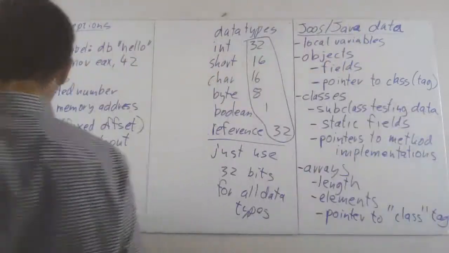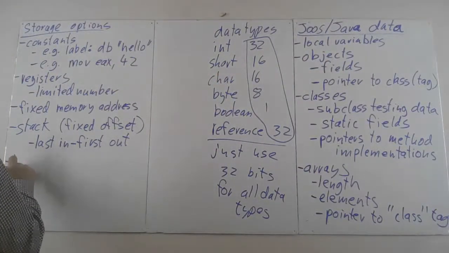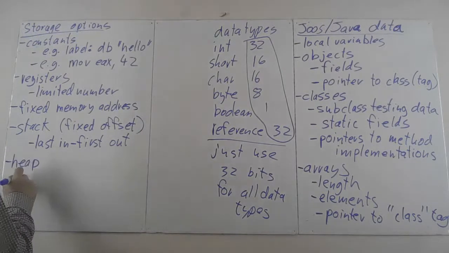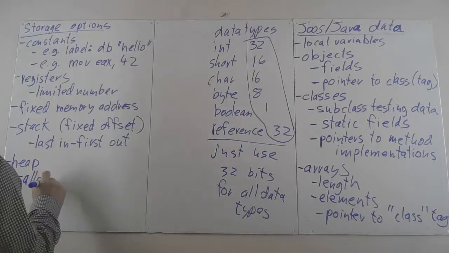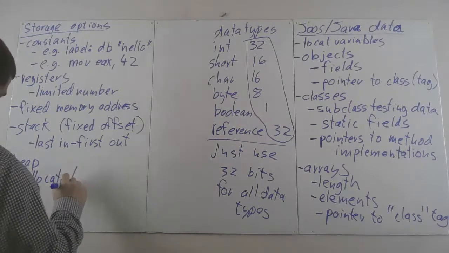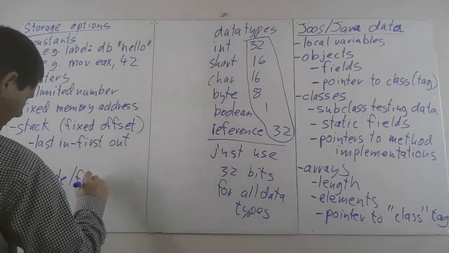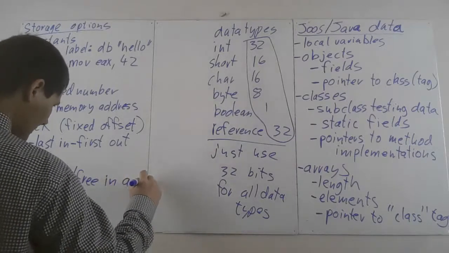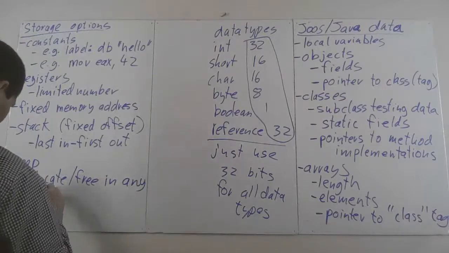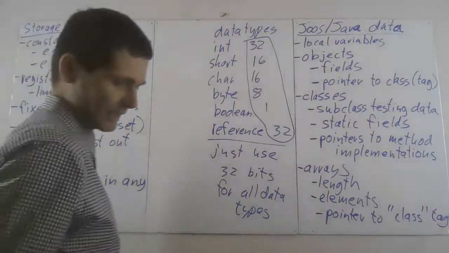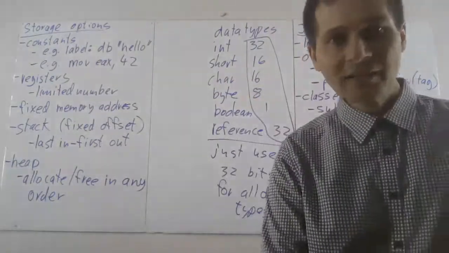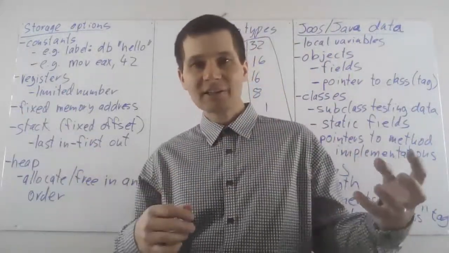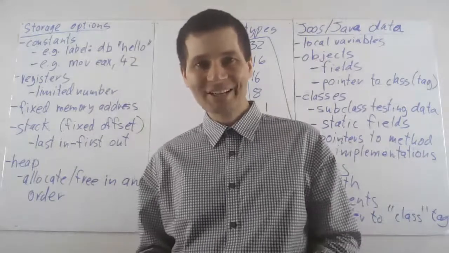And then some data, you're going to need more flexibility. So a heap data structure allows you to allocate and free data in any order. Okay, so at a high level, this part of planning how I'm going to lay out my data, right?